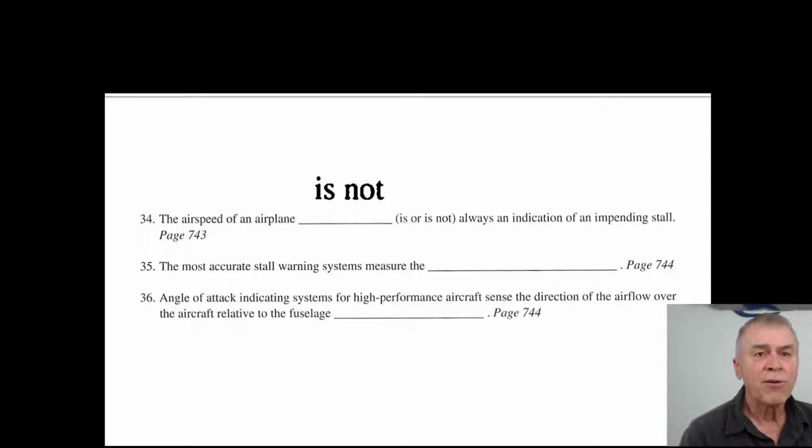35. The most accurate stall warning systems measure the blank. What would that be? The relative error, or is that the most accurate? I don't know whether we actually were presented that.